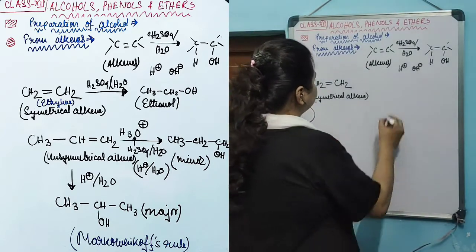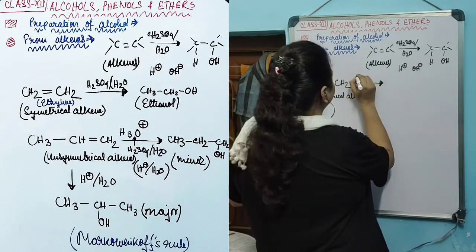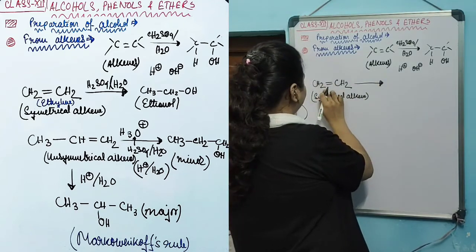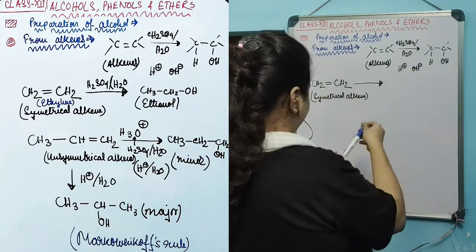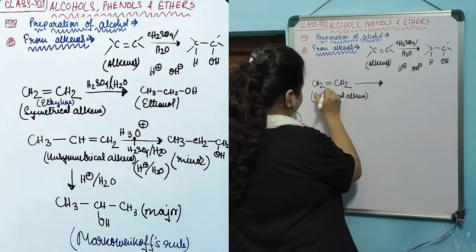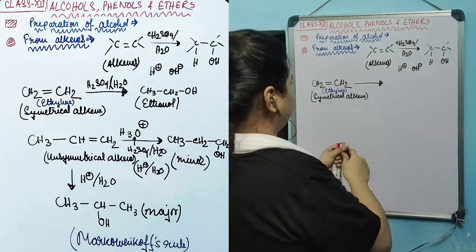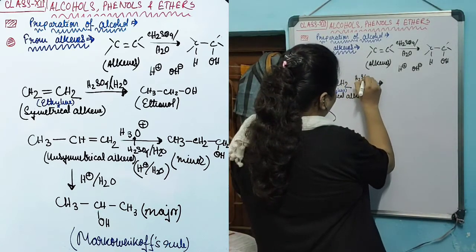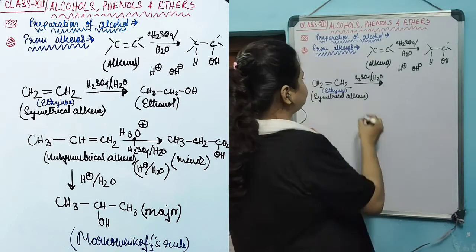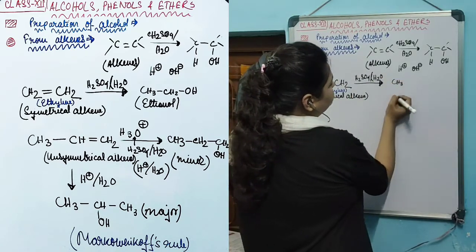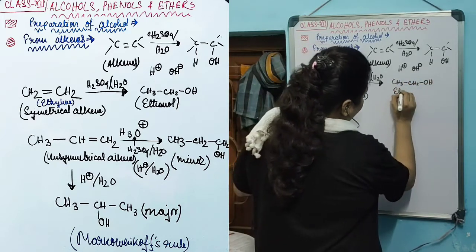When you subject the symmetrical alkene, ethylene, to aqueous H2SO4 medium, water will be added, and as a result, hydrogen adds to one carbon to give CH3, single bond CH2, and OH adds to this one. It will produce ethyl alcohol or ethanol.